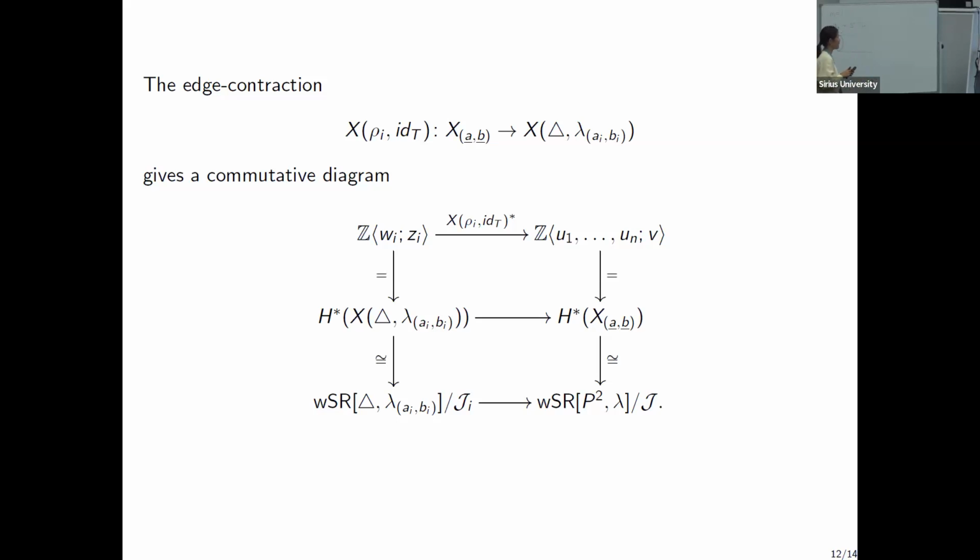So this strategy works fine if both sides of the spaces are toric orbifolds. But there's one special case. For example, if I start with a square with characteristic vectors (1,0), (0,1), (1,0), (0,1), and I want to contract any of the edges, it gives me something like (1,0), (0,1), (1,0).